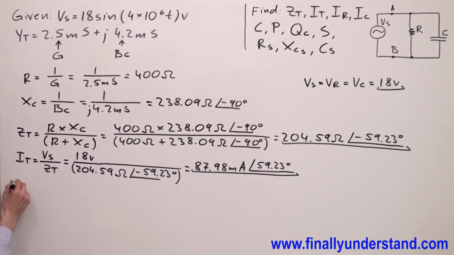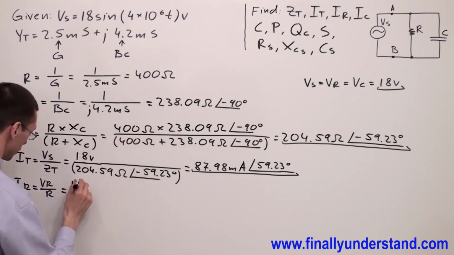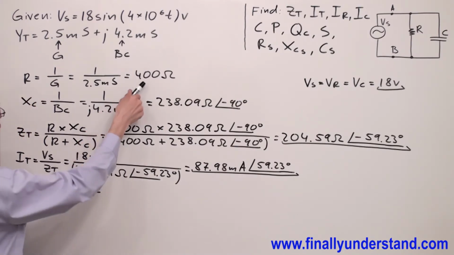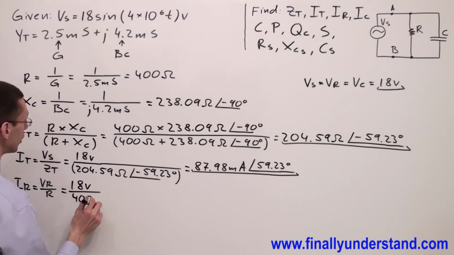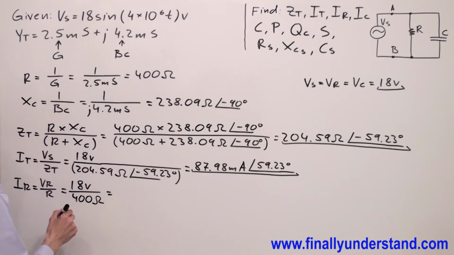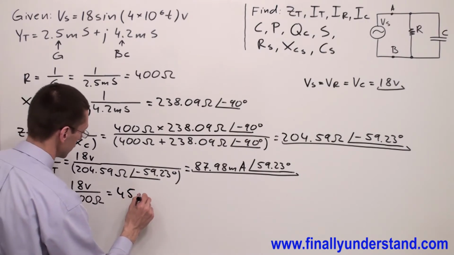So I have IR is equal to voltage across the resistor over resistance, where voltage across the resistor is equal to 18 volts, we said up there, 18 volts over the resistance, which is equal to 400 ohms. This is equal to 45 milliamps.